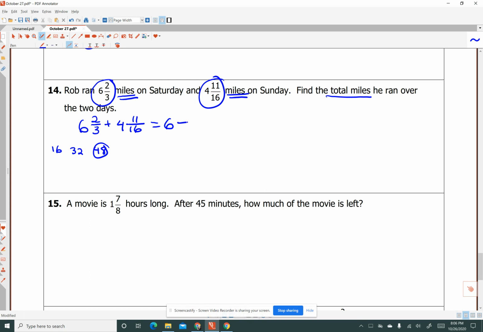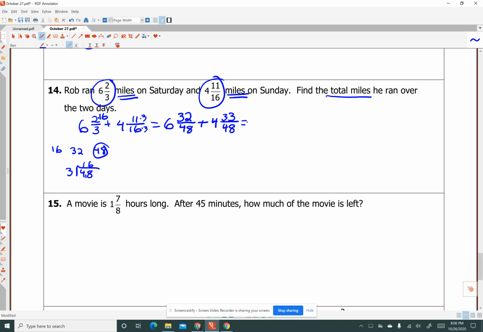So how many 48ths? 3 goes into 48 16 times. 16 times 2 is 32. 4 plus 4, and again, our denominator is 48. 16 goes into 48 3 times, and 11 times 3 is 33.